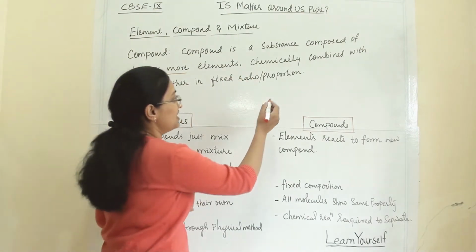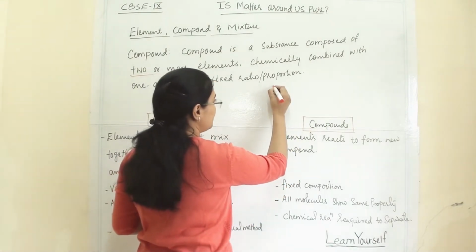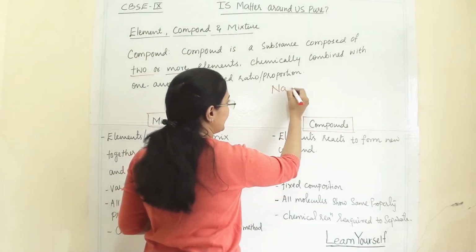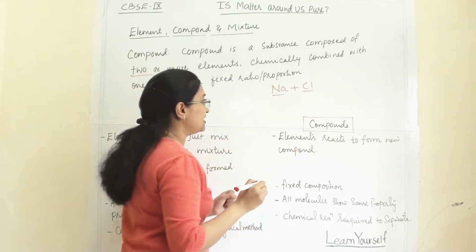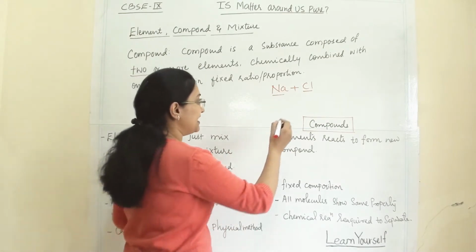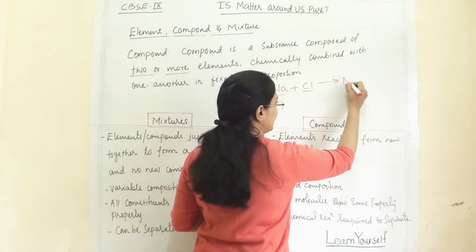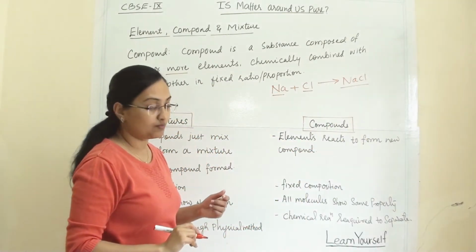That means when 2 elements come together, for example, sodium chloride, Na and Cl. This is sodium and this is chlorine. When these 2 come together, they chemically combine and form NaCl. So this is common salt, that is sodium chloride.